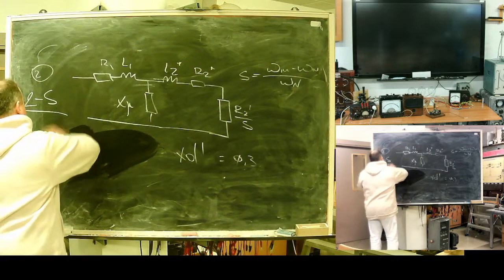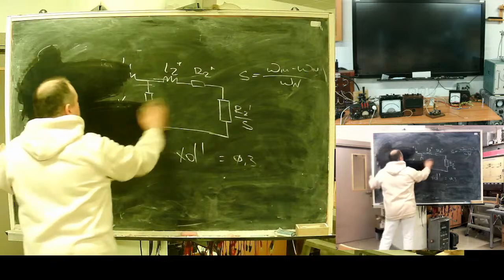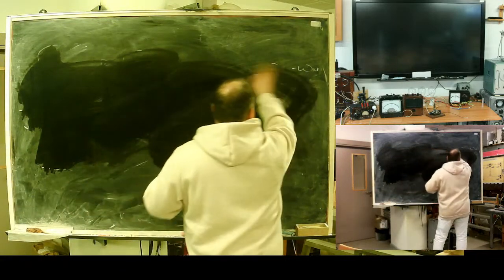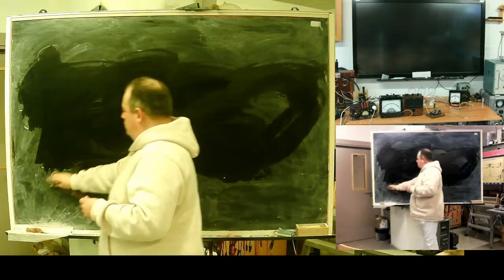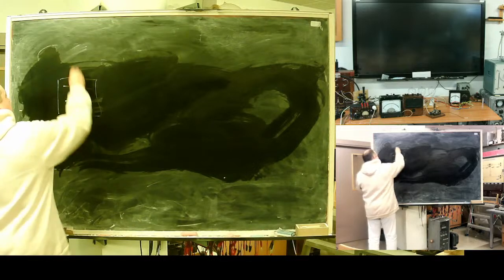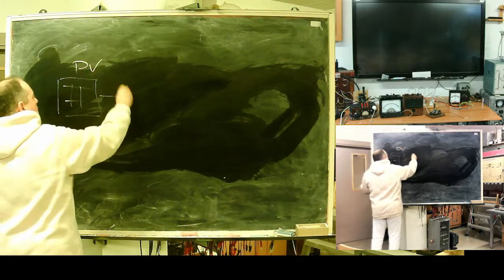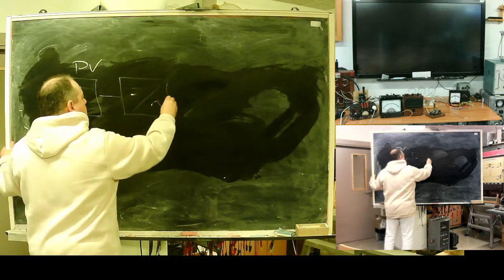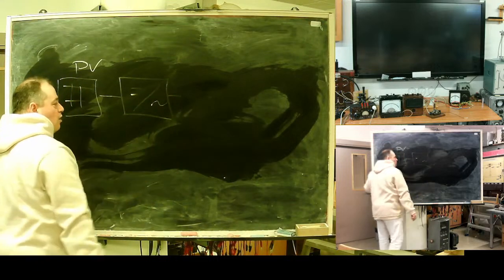What's next? Wind parks and photovoltaics. This PV array is connected to the net with the help of an inverter.